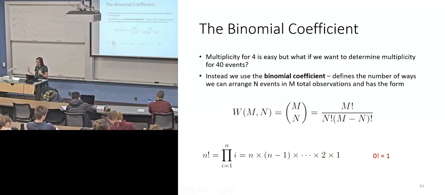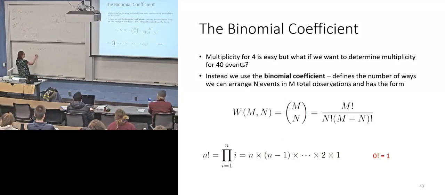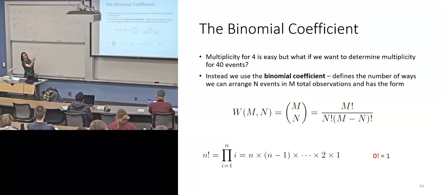So when you're asked for how many different ways could I get some things, we already showed on the last slide that the multiplicity of our 2 heads and 2 tails was 6 different ways to do it. But we can use the multiplicity equation to convince ourselves of that. So on the top is the number of different tosses I'm doing, m factorial. So how many different tosses was I doing on the top? 4. Okay.